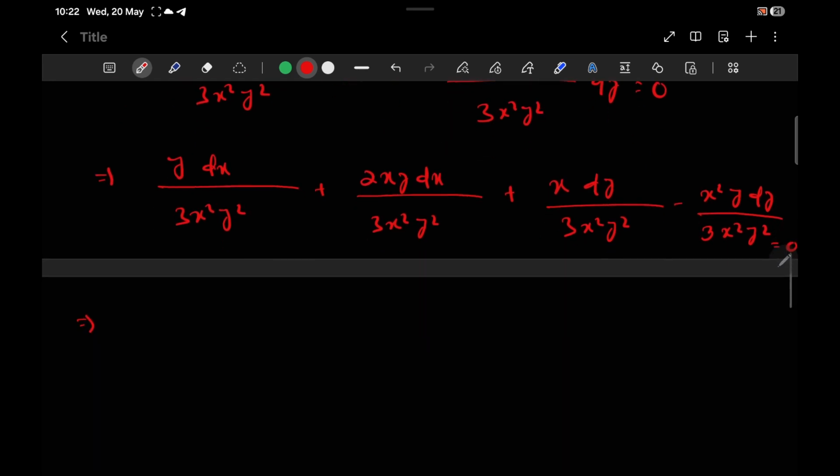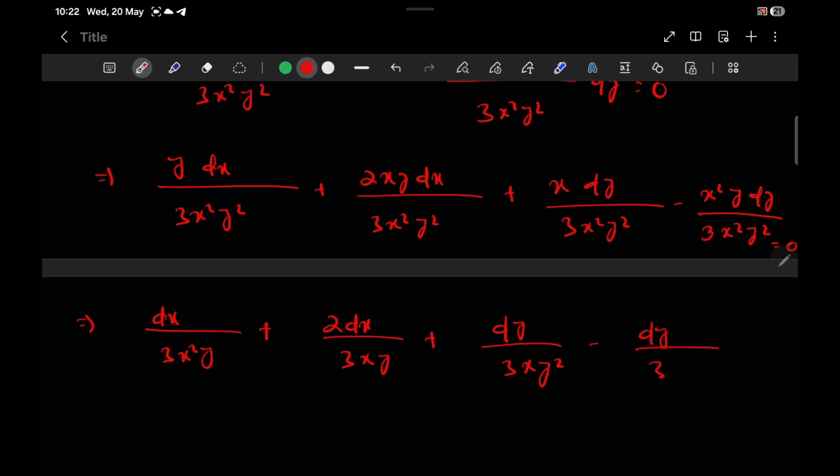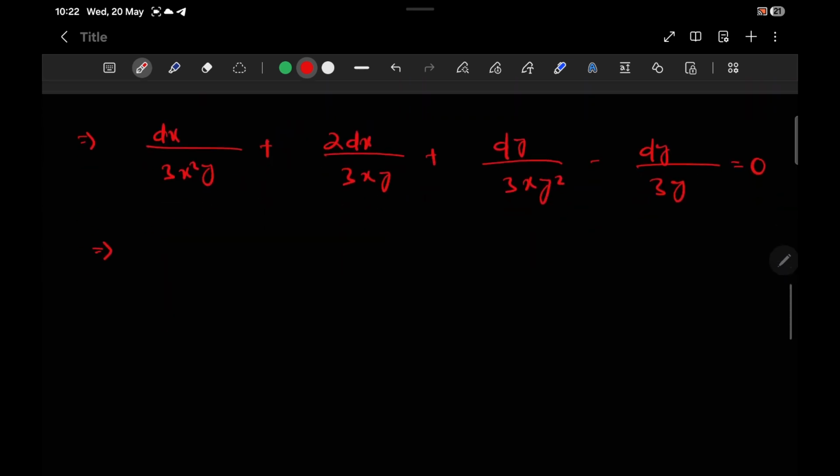That implies dx/(3x²y) + 2 dx/(3x) + dy/(3xy²) - dy/(3y) = 0, right?